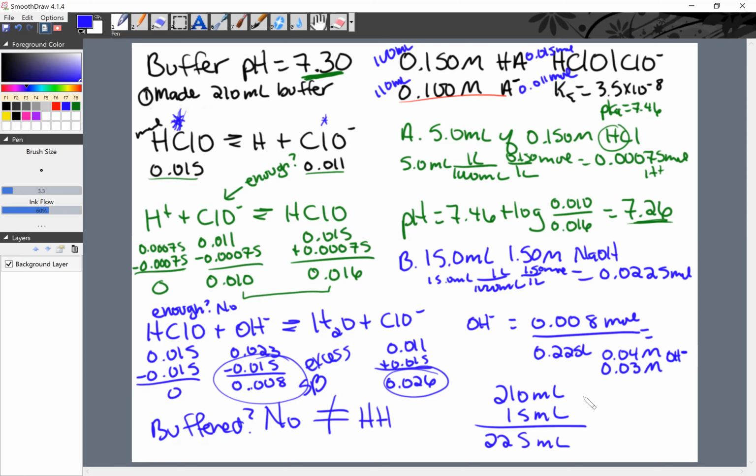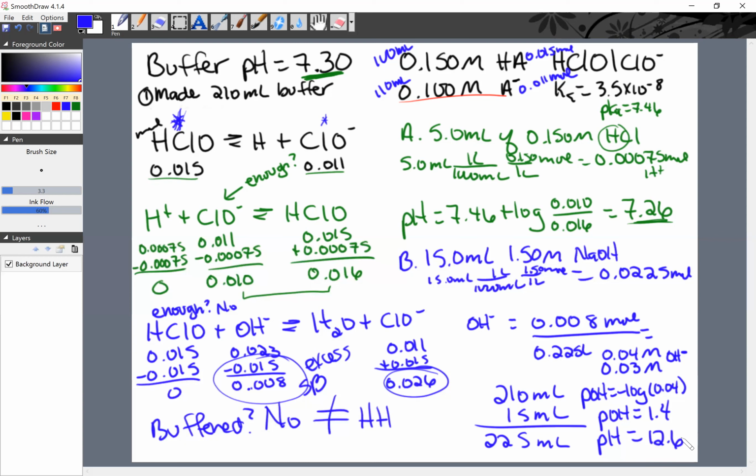All right. And if you want the pOH, you take the negative log of the concentration, and I'll do the rounded one, the 0.04. And my pOH is equal to 1.4, and my pH will be 12.6.